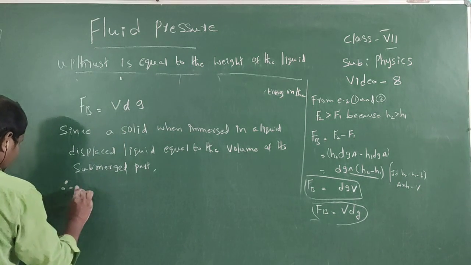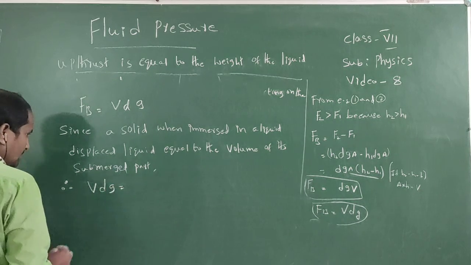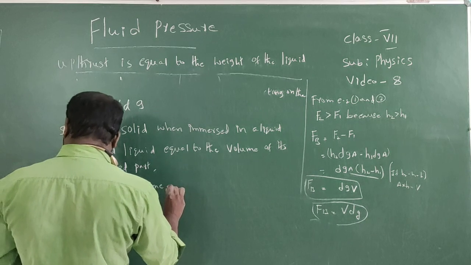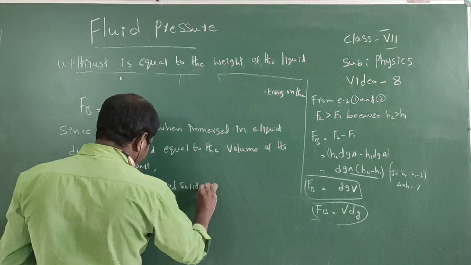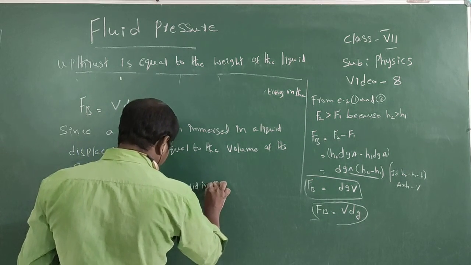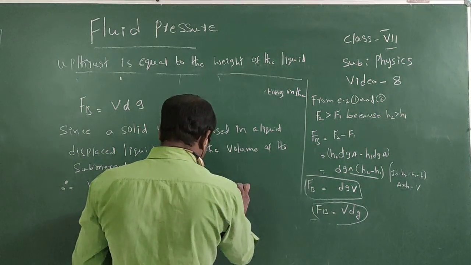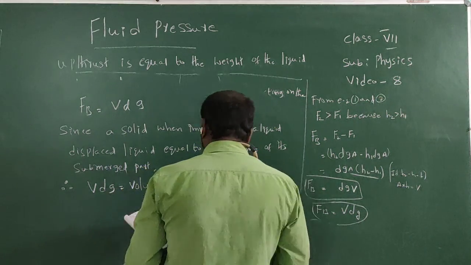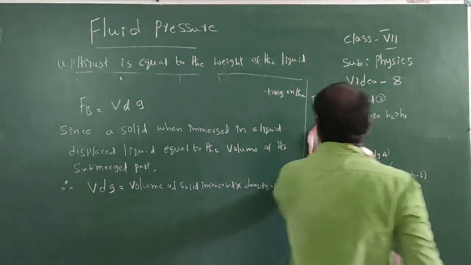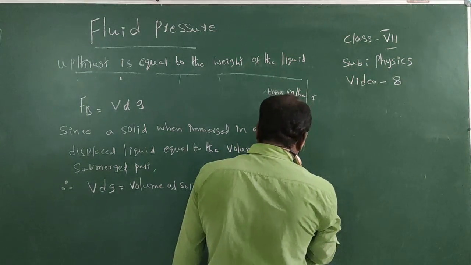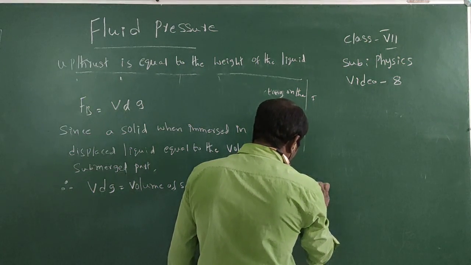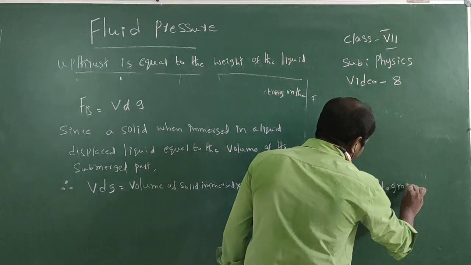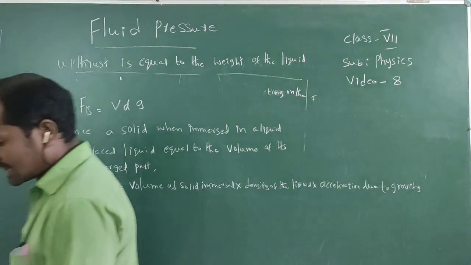Therefore, V d g equals the volume of the solid immersed into the density of the liquid into the acceleration due to gravity.